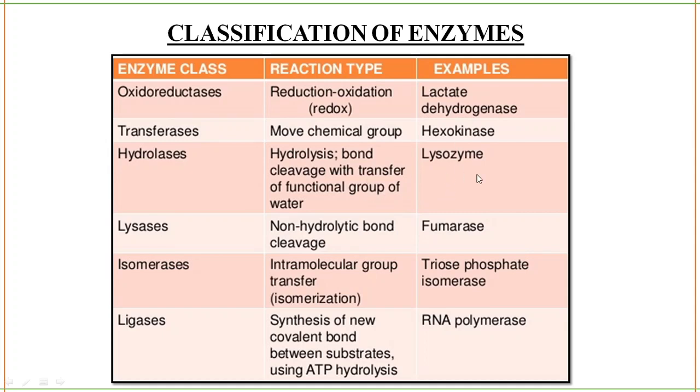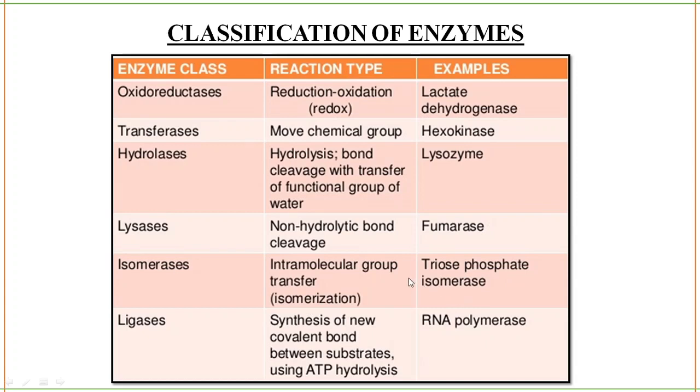An example is lysozyme. Next is lyases. In lyases, what will happen is non-hydrolytic bond cleavage. Bond cleavage will be there, but hydrolysis, that is, water will not be used. Example is fumarase. Next is isomerase. Isomerase causes isomerization. Example, triose phosphate isomerase.